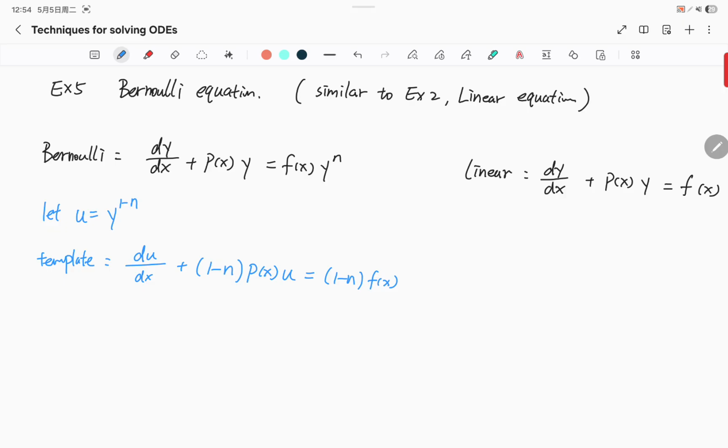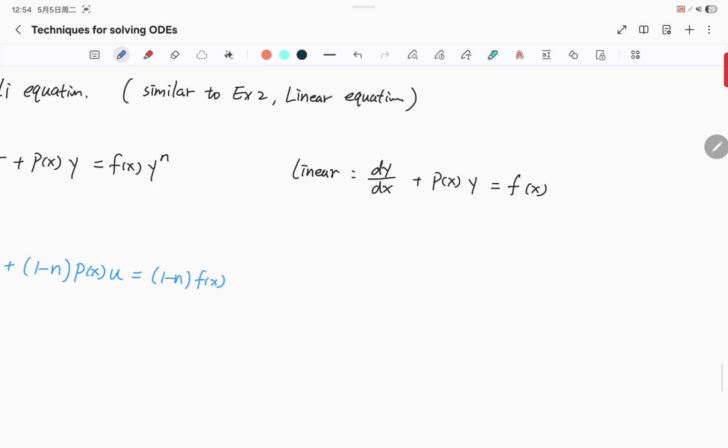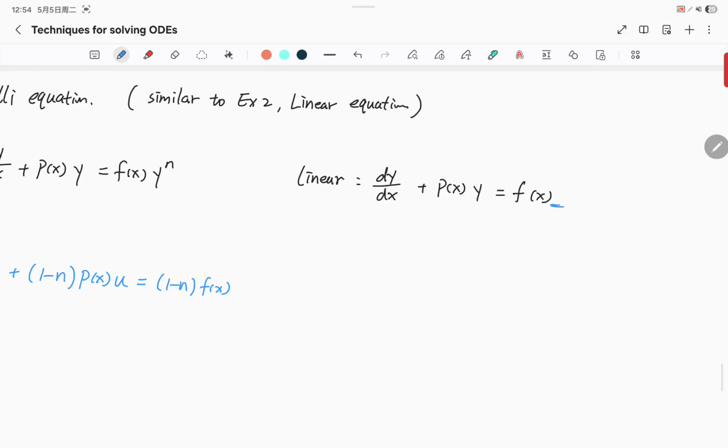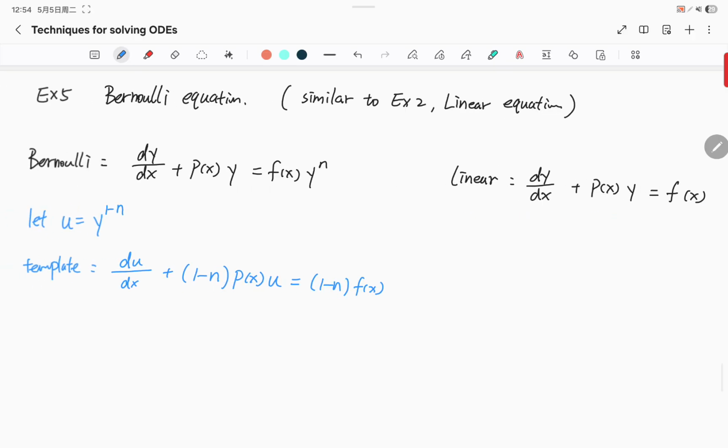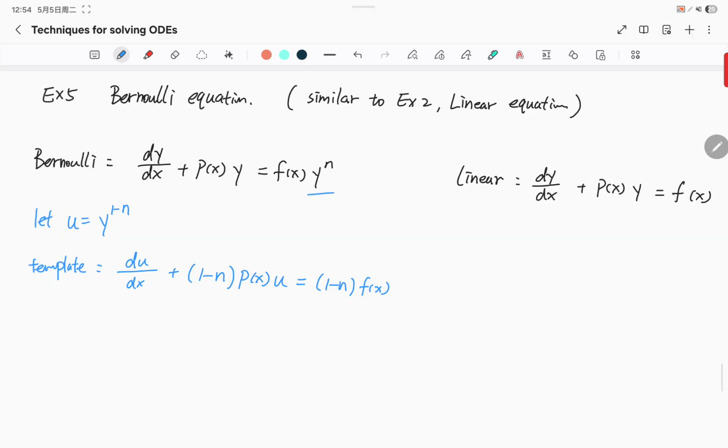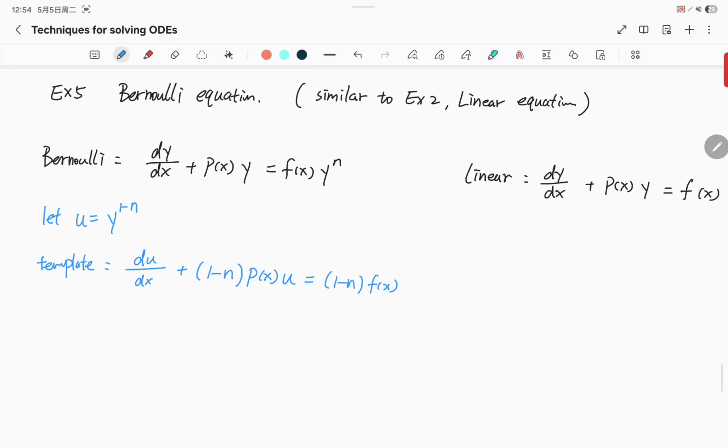Bernoulli is dy over dx plus p of x times y is equal to f of x times y to the power of n, whereas the linear equation didn't have this y to the power of n term. So if you don't see it, use the linear equation. If you see an extra y to the power of n, then this is Bernoulli.